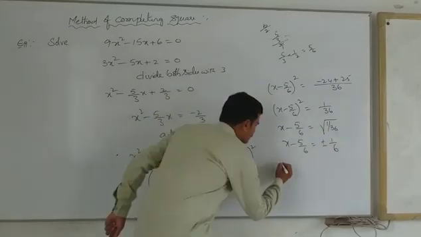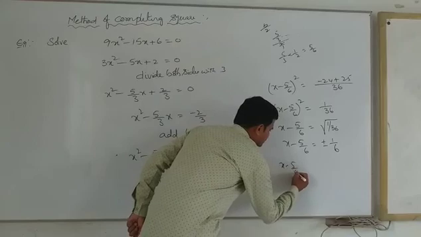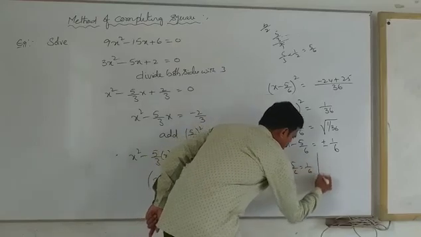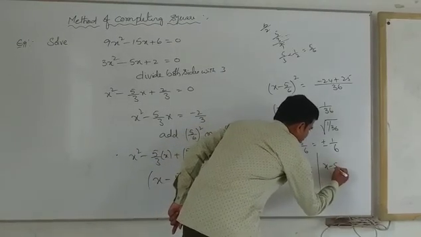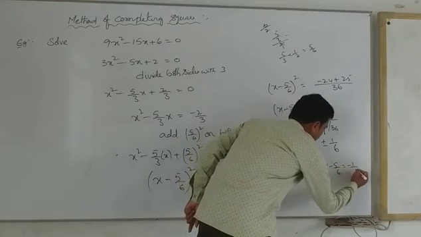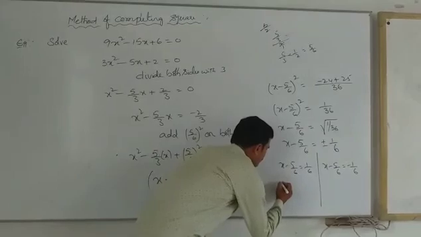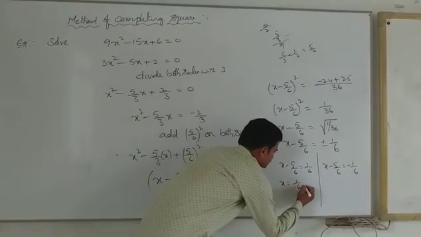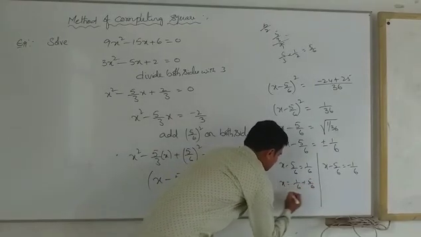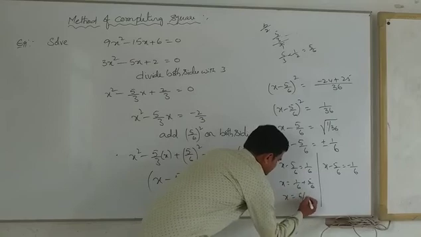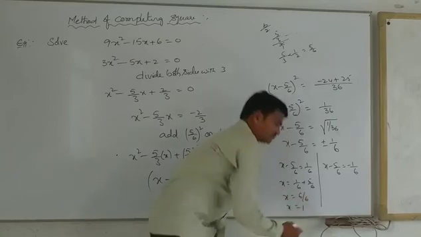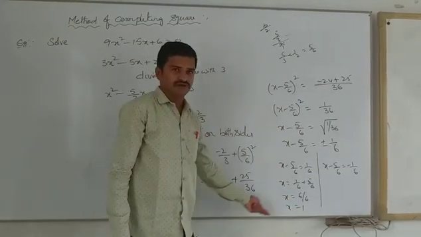Now x minus 5 by 6 is equal to 1 by 6 or x minus 5 by 6 equals to minus 1 by 6. This is how much now? X equals to 1 by 6 plus 5 by 6, that equals to 6 by 6, that equals to 1.